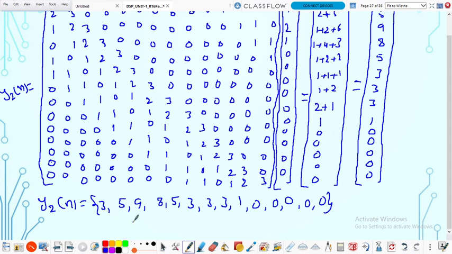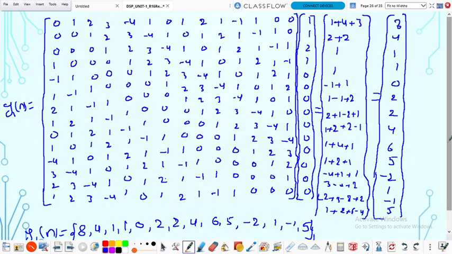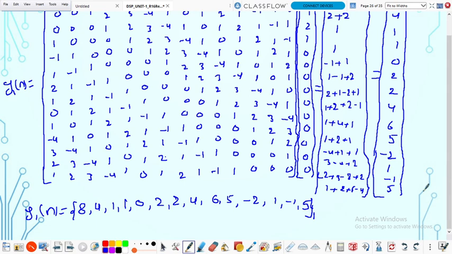M minus 1 data points of each output sequence. So given that, what is capital M? Capital M is 4. Therefore removing M minus 1, 4 minus 1, 3, the first 3 data points in y1 of n are neglected or discarded.